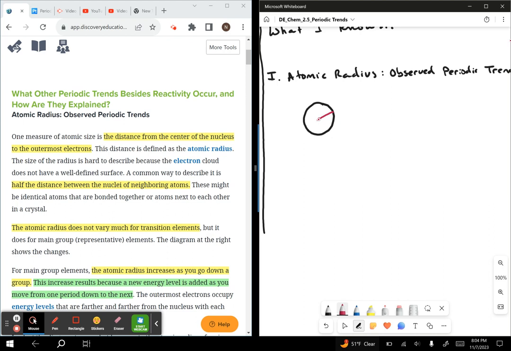The radius in this picture is going from the center to the edge of the circle. That's your radius.